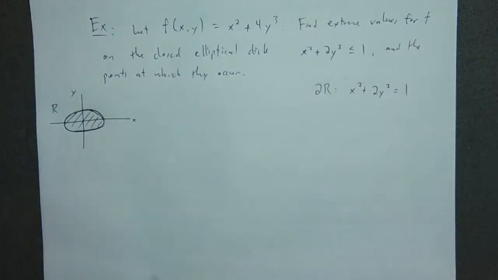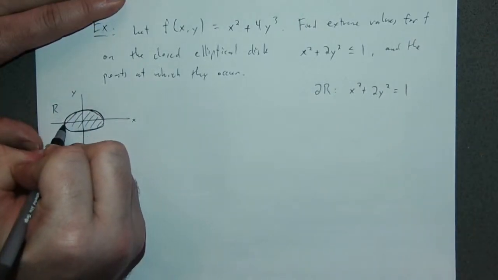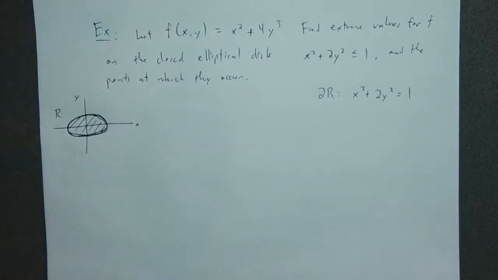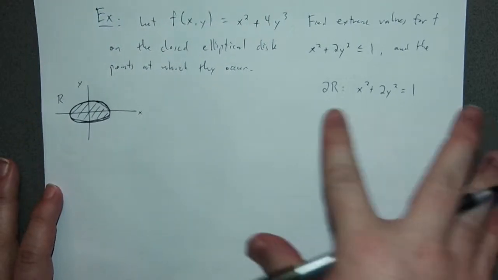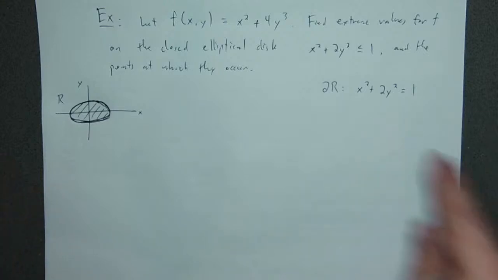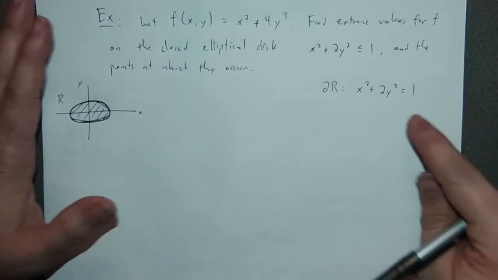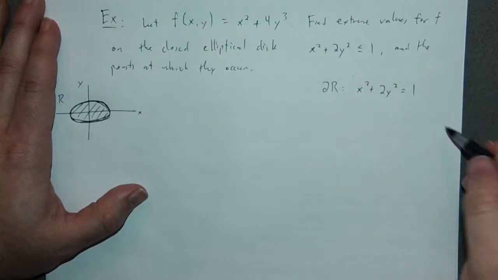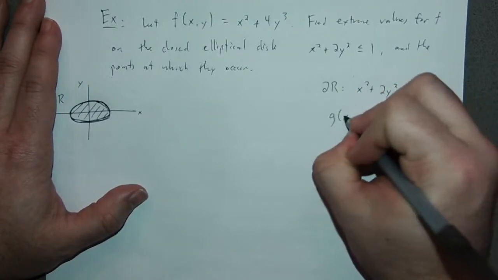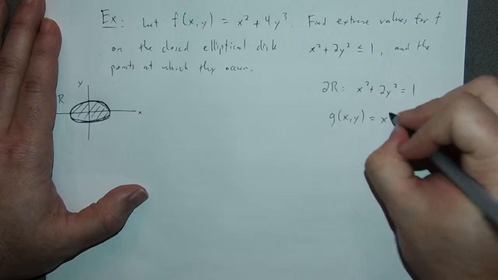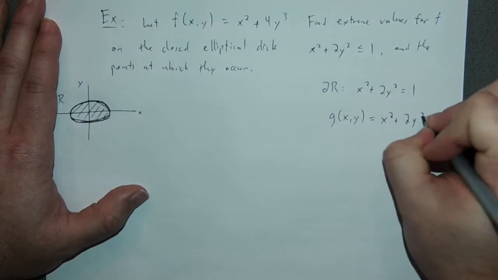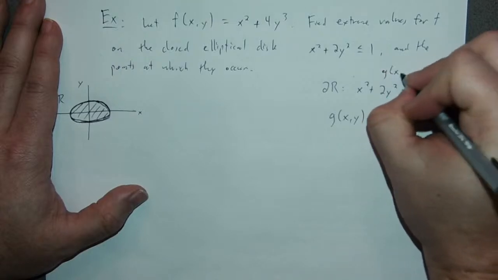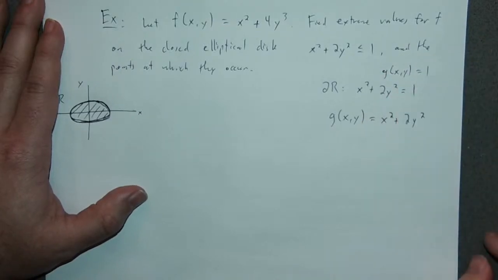That's my boundary curve. That's this ellipse. The region R is that ellipse and everything inside of it in the plane, but del R itself is this ellipse, x squared plus 2y squared equal to 1. So what am I doing here? I want to view this as g of x, y equal to a constant, and so I define g of x, y to be x squared plus 2y squared, so that I can recast this as g of x, y equal to 1.